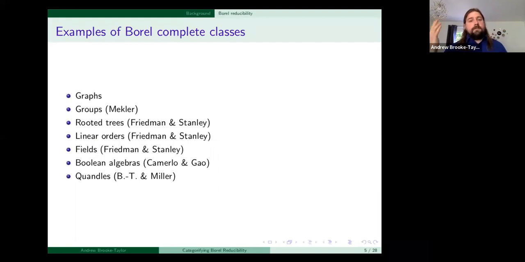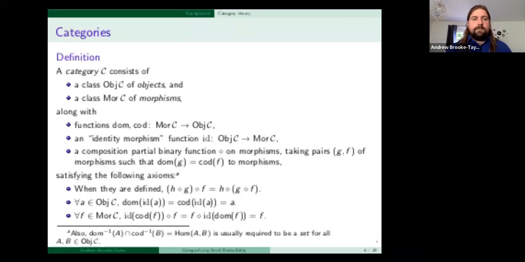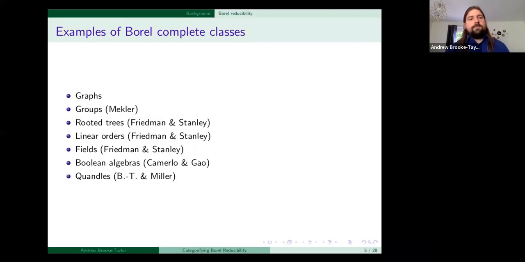So Friedman and Stanley, and subsequently other people, have shown that all sorts of familiar classes of objects are actually Borel complete with the usual notion of isomorphism. So graphs, groups, rooted trees, linear orders, fields, Boolean algebras, even quandles, if you know any knot theory. So these are all Borel complete classes. All right, so that's kind of a quick introduction to the basic Borel reducibility framework.